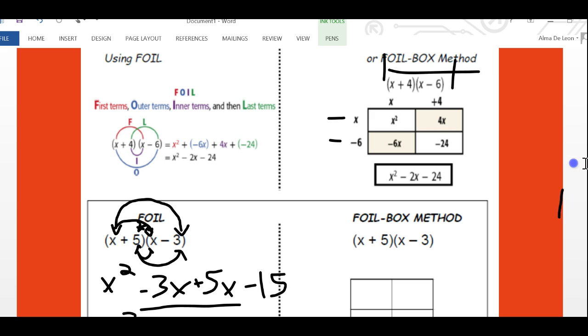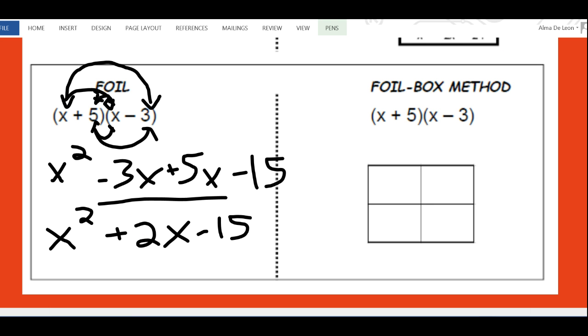Let's do an example. Okay, so let's do an example of the FOIL box method. Our example is x plus 5 in parentheses times x minus 3 in parentheses. And basically the FOIL box method works by taking each term and assigning it either a row or a column.